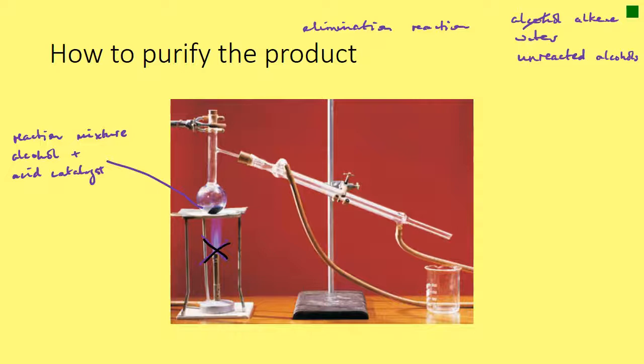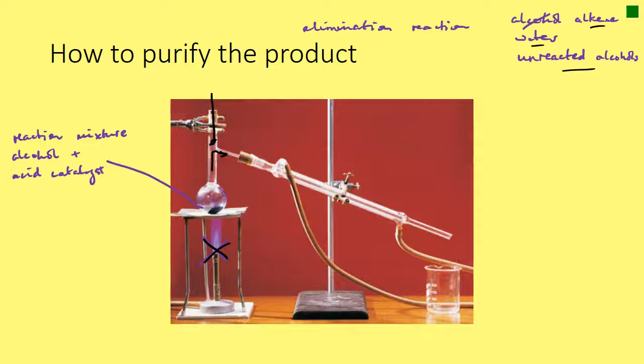Nevertheless, we're going to heat the reaction mixture and we're going to get these products. We're going to have an alkene, we're going to have some water that's been eliminated, and we're going to have some unreacted reactants there. And fortunately, they have different boiling points. And so what you're going to do is have a thermometer in here and heat it up until it gets to the boiling point of the alkene, in which case the alkene is going to boil off and come off down here.